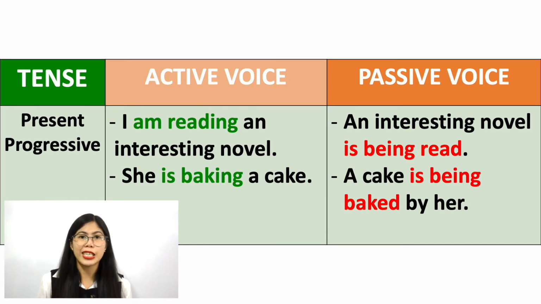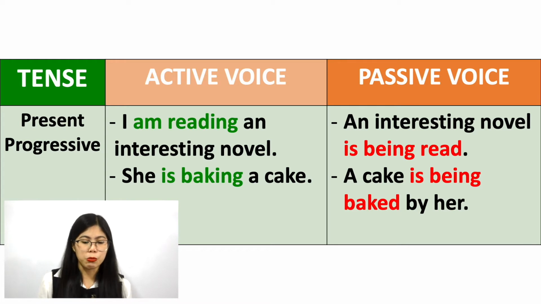The only difference is that we use is plus verb ing to indicate that this sentence is in present progressive tense. Now, for its passive voice, we have "A cake is being baked by her." As you can see here, we have the pattern object plus verb plus subject.